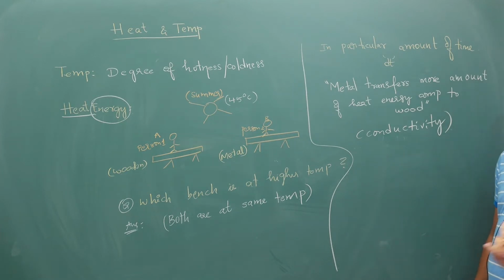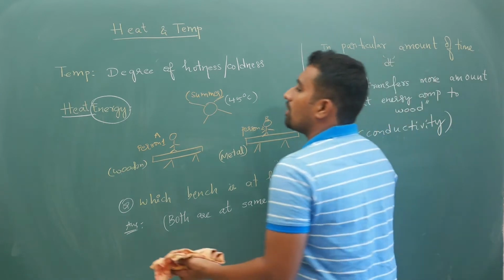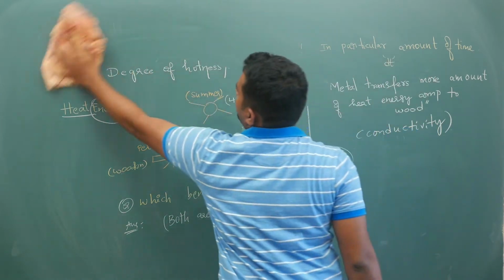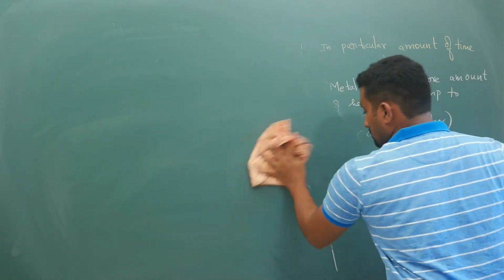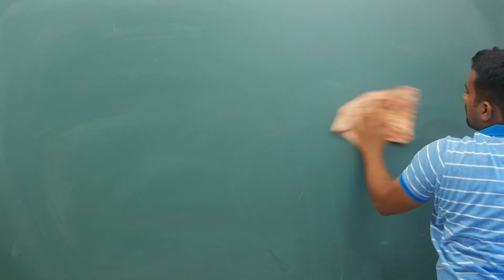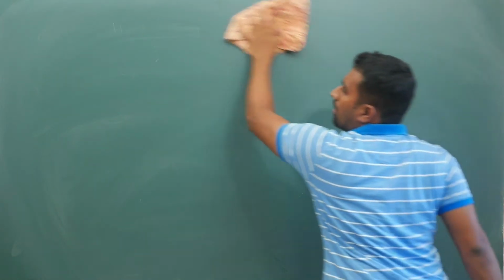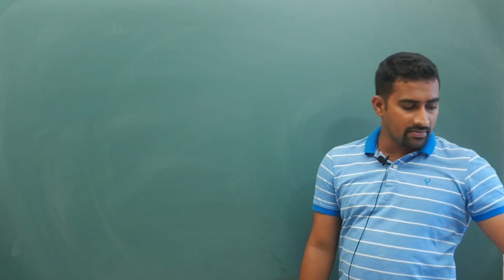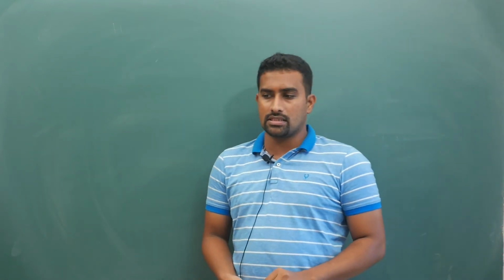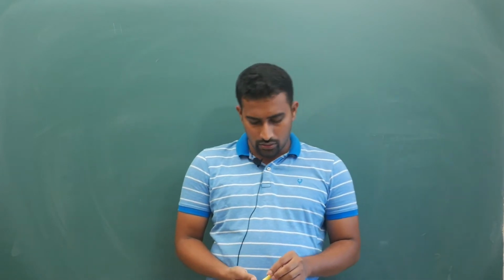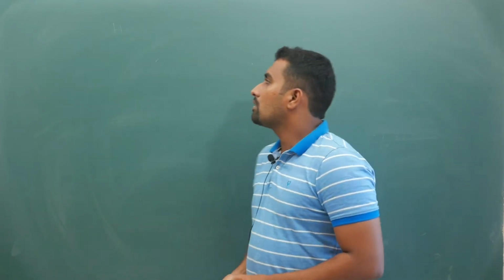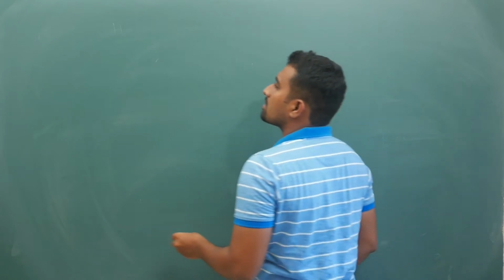Now we'll start with the meaning of heat energy. In general, when we use the word heat, I am indirectly referring to heat energy. So what is this heat energy?